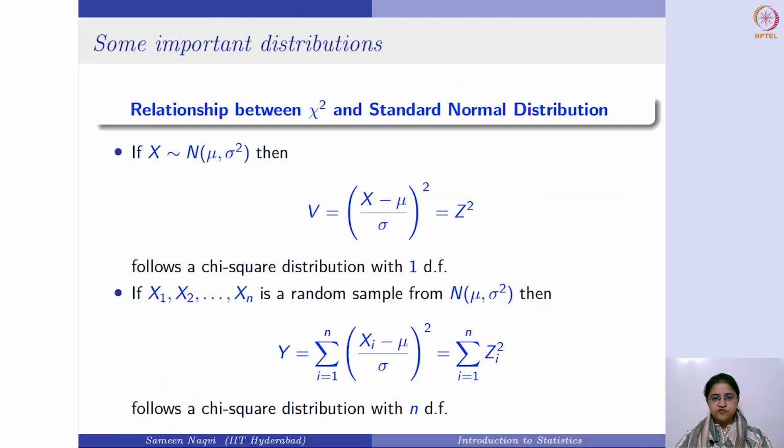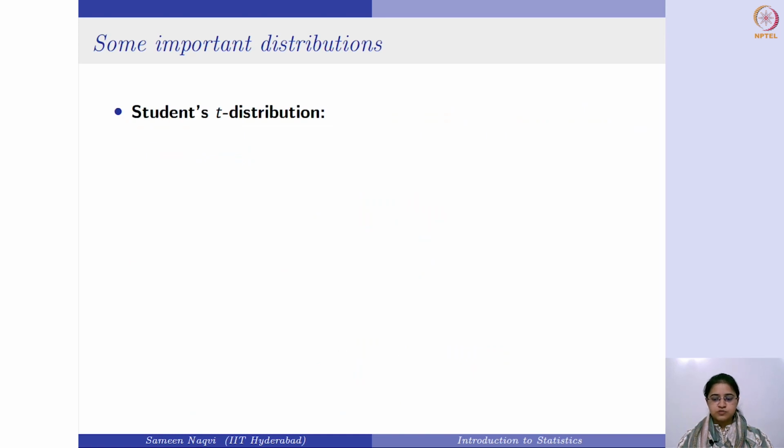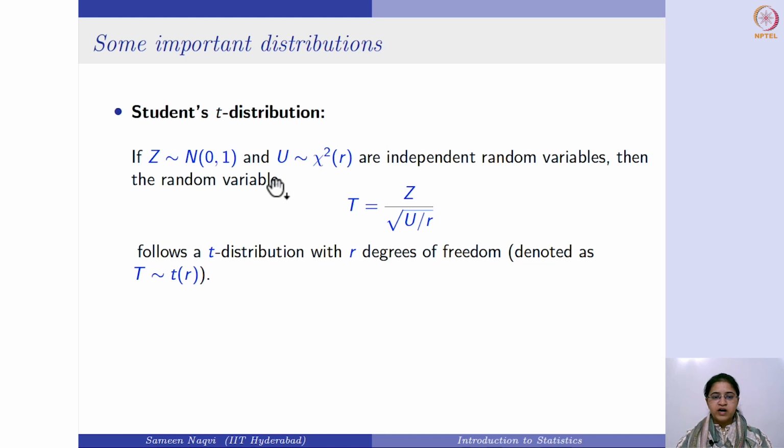Now based upon this information, we can define the student's t distribution, which says that if you have a standard normal variate, that is Z follows standard normal distribution, and you have another random variable U which follows chi-square with r degrees of freedom, and these two are independent random variables, then if you make this transformation, that you divide the standard normal one, that is Z, by square root of U divided by r, so r is the corresponding degrees of freedom, then what you get is that T follows the t distribution, that is student's t distribution with r degrees of freedom.